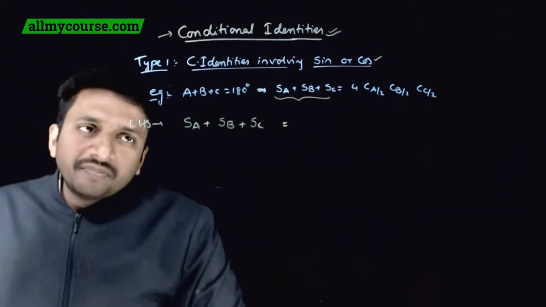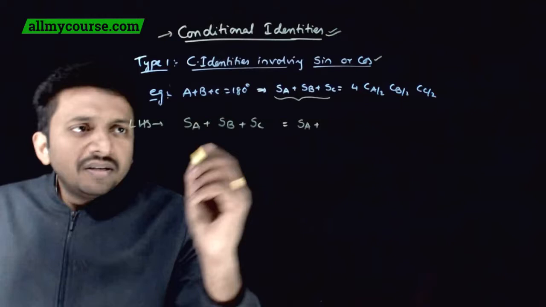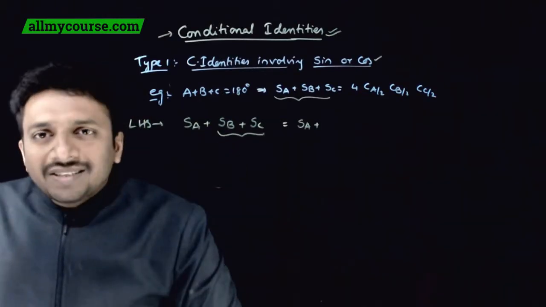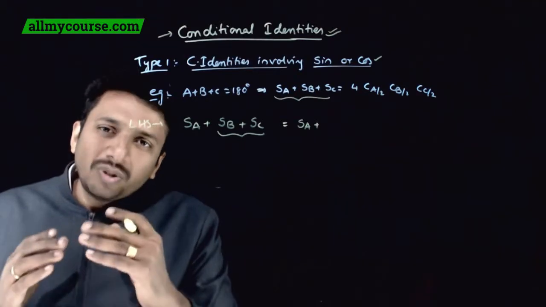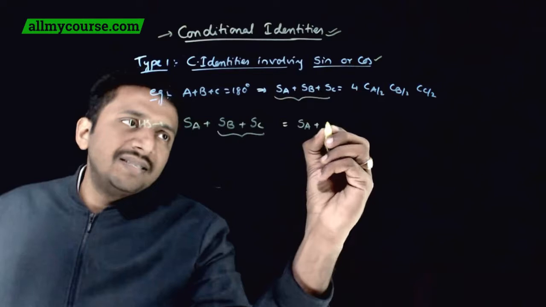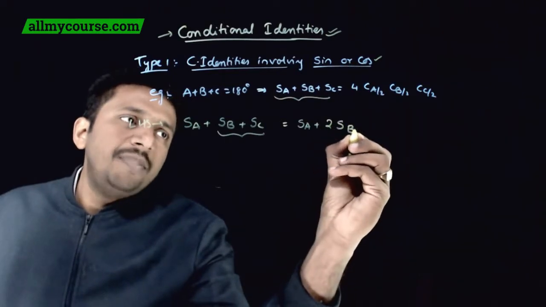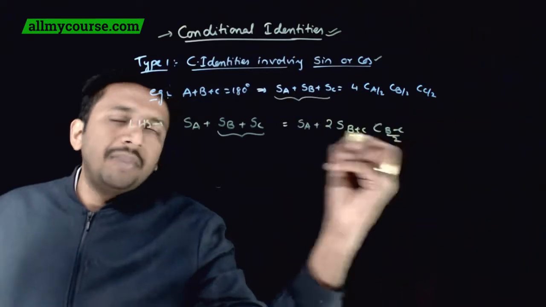Let me keep sin A separate. So what is sin B plus sin C? We have a formula, sin C plus sin D is 2 sin C plus D by 2 cos C minus D by 2, right? So sin B plus sin C is 2 sin B plus C by 2 cos B minus C by 2.